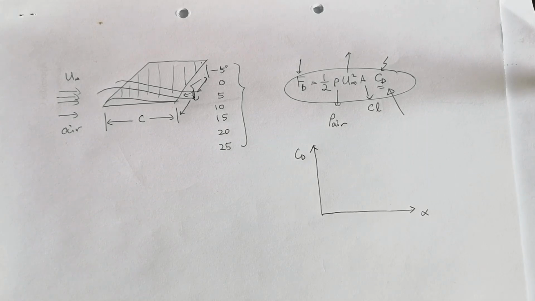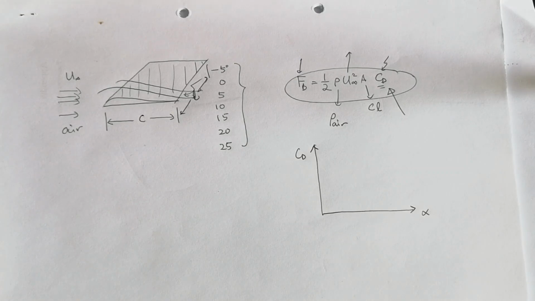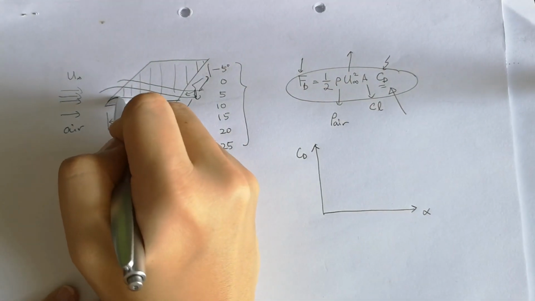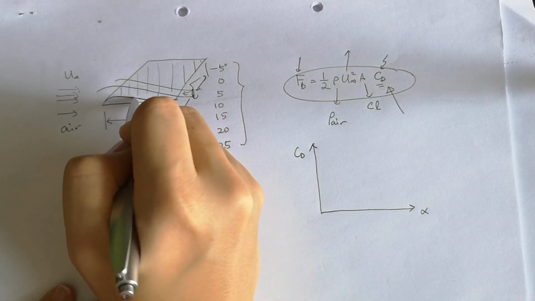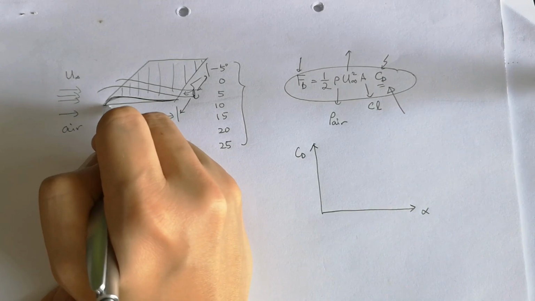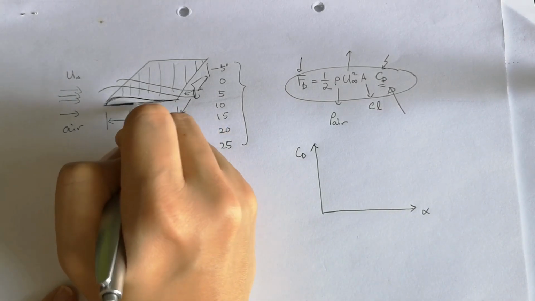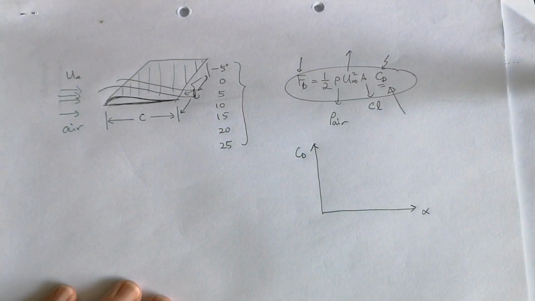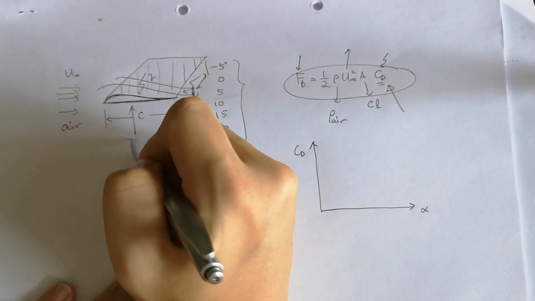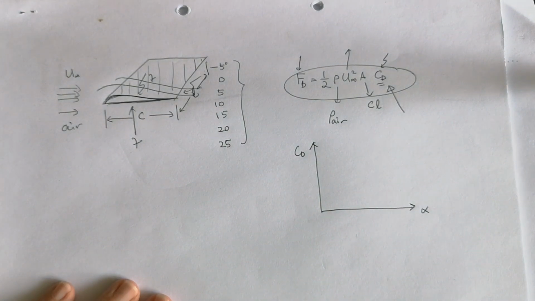The second objective in this experiment is to calculate the pressure coefficient on the upper surface and lower surface. The upper surface is simply the surface on top, and the lower surface is the surface on the bottom. If you refer to the manual, there are 7 points on top and 7 points on the bottom surface.